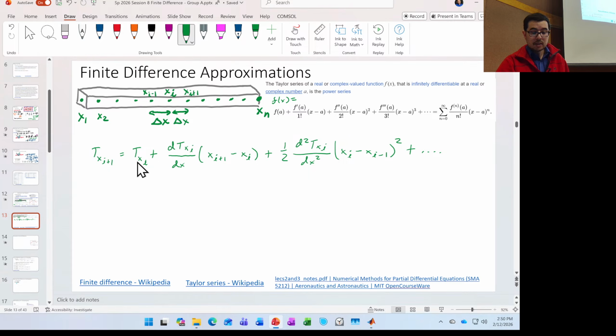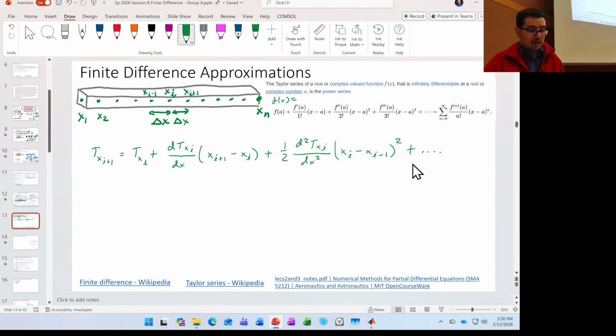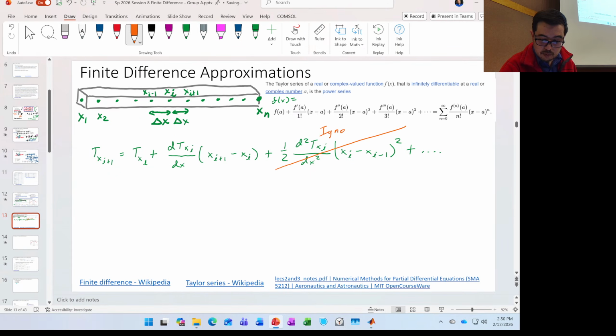That means that we knew this, plus the slope at this previous value, this value here spatially before x of i plus 1, times the delta x, the difference between x of i plus 1 and x of i, plus then doing this with the second derivative. And this is just the Taylor series expansion. And we're going to simplify things and say we can ignore these higher order terms.